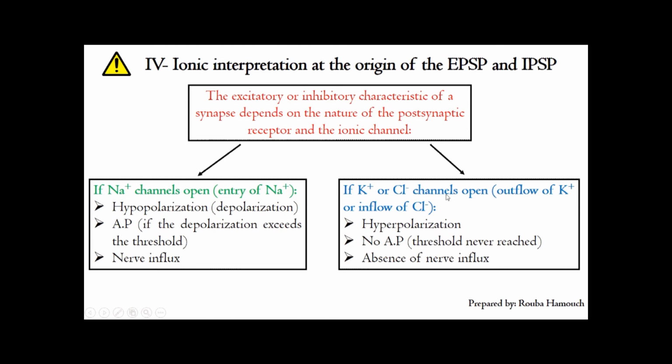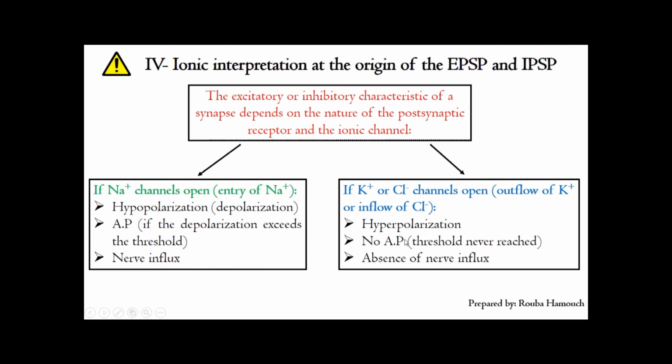However, if the channels that open following the fixation of the neurotransmitter on the postsynaptic receptors are either K+ channels or Cl- channels that allow either the outflow of K+ or the inflow of Cl-, so the outflow of K+ and/or the inflow of Cl- causes a hyperpolarization, thus an IPSP, an inhibitory postsynaptic potential that will never reach the threshold.